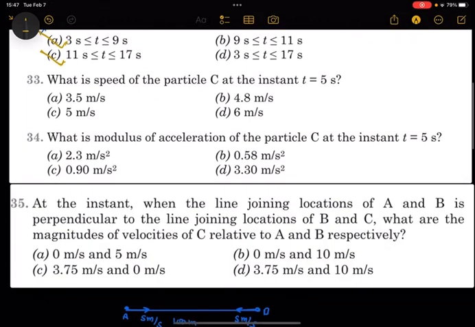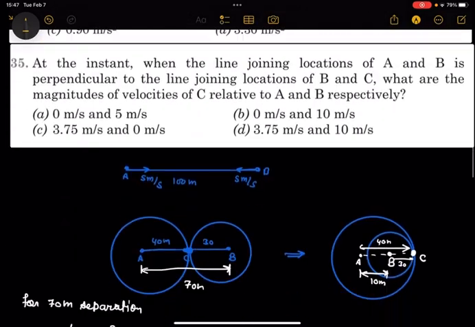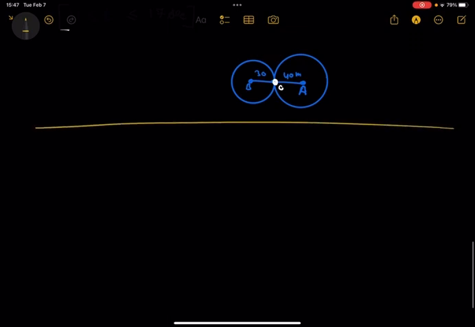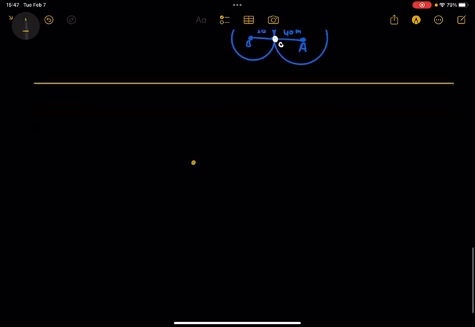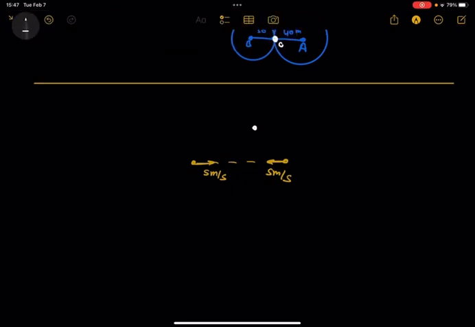Question is asking next, what is the speed of the particle C? I tell you clearly, I want to go with the basic method. Let's understand, this is A, this is B. A is moving 5 meter per second, B is moving 5 meter per second, and C is somewhere here.